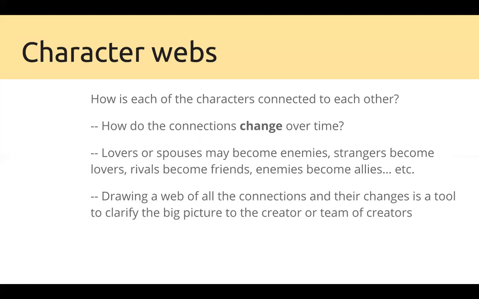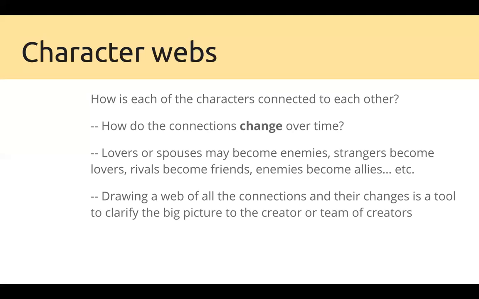Okay, character webs. So I already mentioned that characters are not islands. People are not islands. There's even a quite famous book called No Man is an Island. But no woman as well. Yeah, how are the characters of your story connected to each other, and how do these connections change?